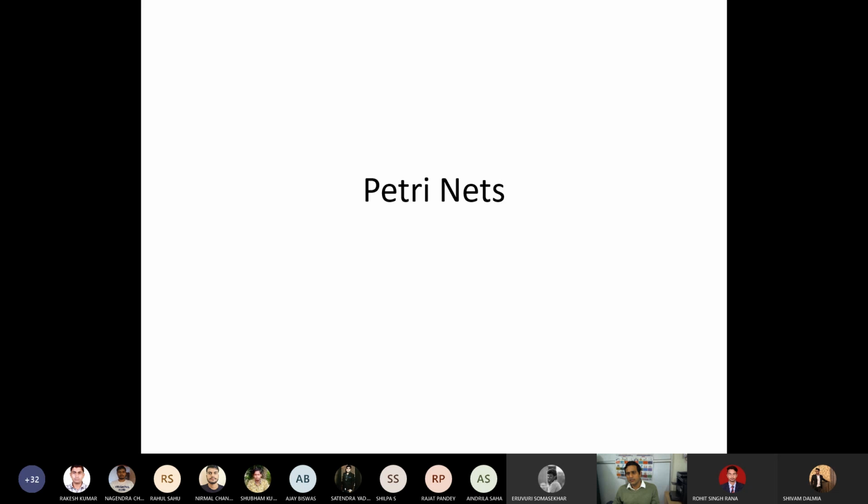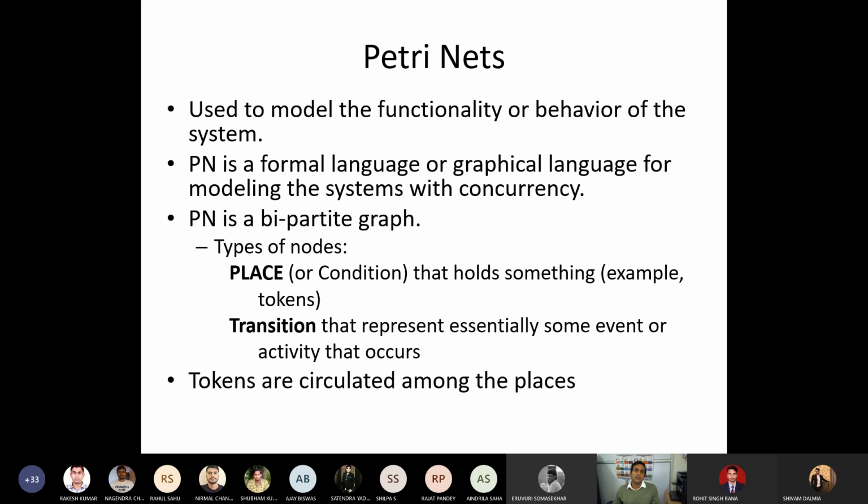Today in this lecture, we'll discuss Petri nets. It's a model-oriented specification technique. Usually Petri nets are used to model concurrent systems, as we already discussed when I was talking about property-oriented and model-oriented specification.